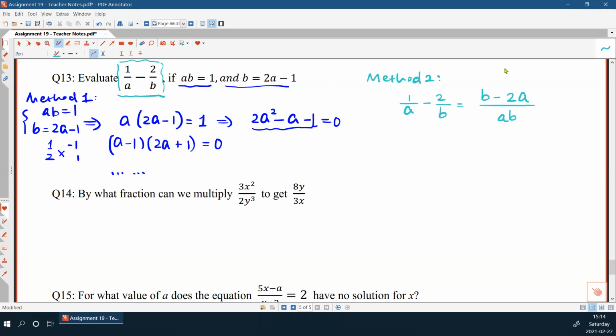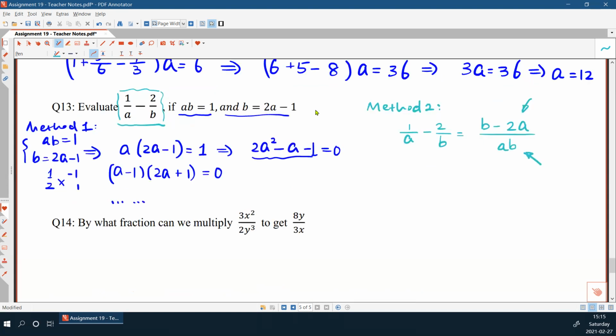If you want to evaluate this ratio, you need to know the numerator and the denominator. Luckily, this information is given to you. You know that A times B is 1. Also, this expression tells you that B minus 2A is minus 1.